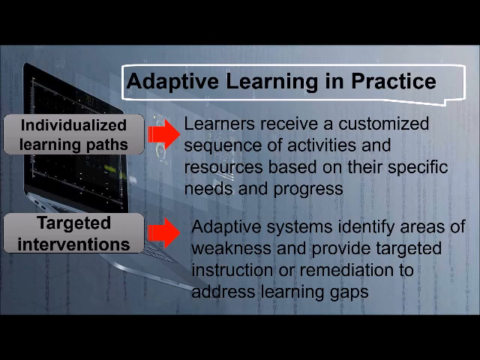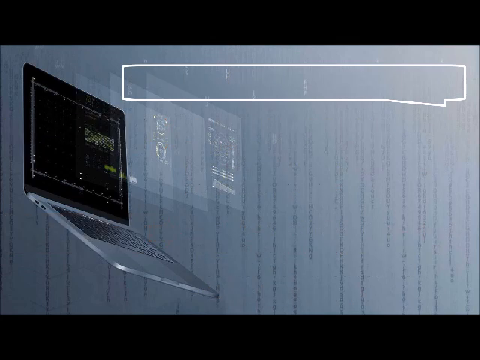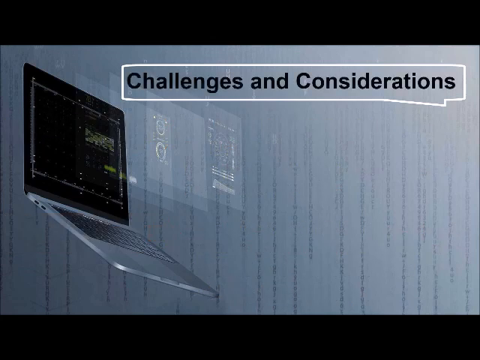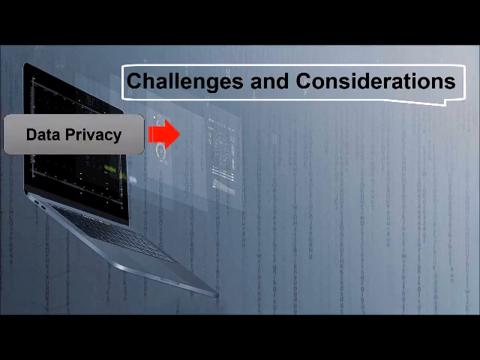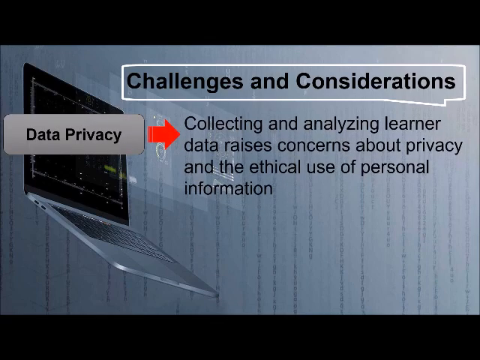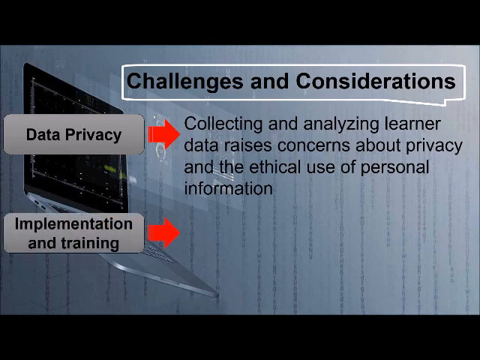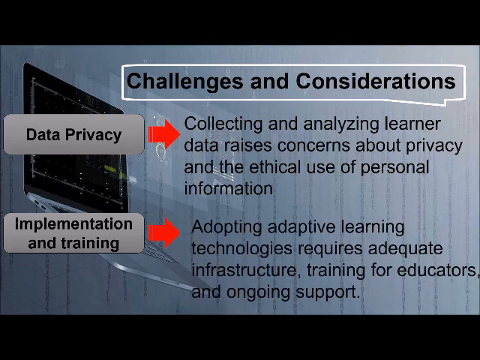Then what are the challenges and considerations in using adaptive learning technologies? The first one is data privacy. Collecting and analyzing learner data raises concerns about privacy and the ethical use of personal information. Then we also have implementation and training. Adaptive learning technologies require adequate infrastructure, training for educators, and ongoing support.